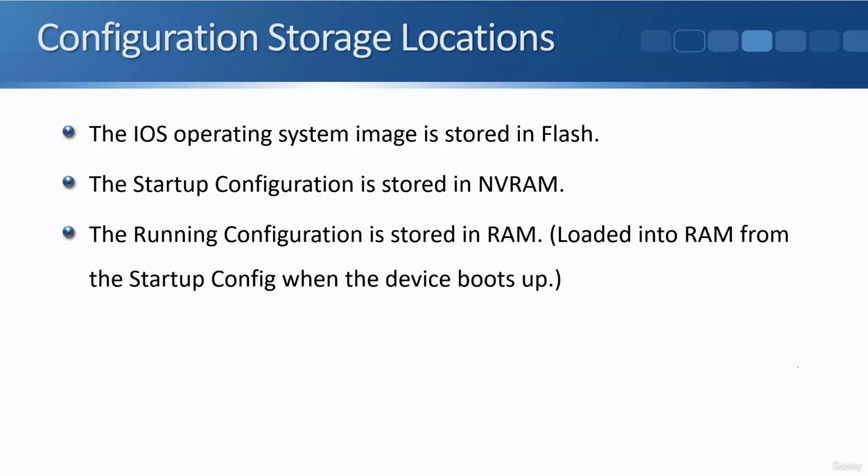Once the operating system is up and running, then it will load your actual administrator configuration from the startup config, and the startup config is stored in NVRAM. That's non-volatile memory, so it's persistent across a reboot. The running configuration is stored in normal memory in RAM, and it's loaded into RAM from the startup config when the device boots up.